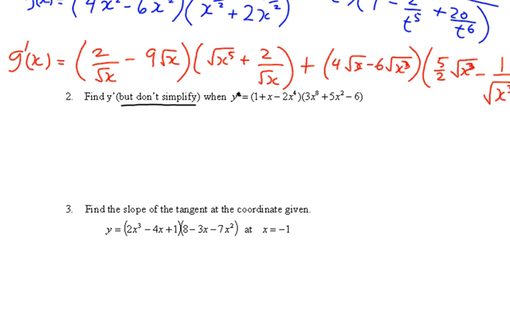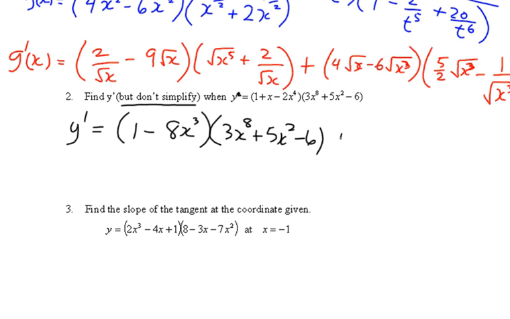Okay. Look at this. Y prime, in just a few heartbeats. Take the derivative of the first bracket, 1 minus 8x cubed. Done. Write down the second bracket, 3x^8 plus 5x squared minus 6. Put a plus sign. Write down the first bracket.